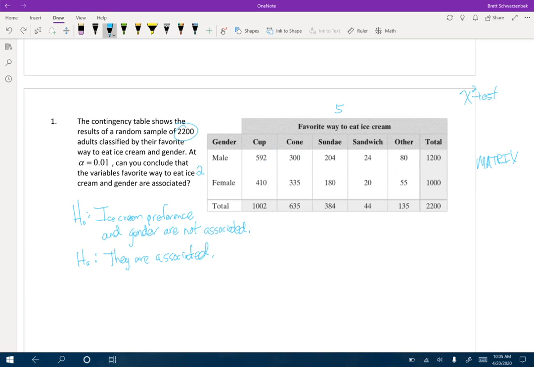Once you get that, then all you have to do is go to the chi-squared test and have A and B again. It'll just overwrite what's there as your observed and expected, and basically put in the numbers that you have. So what do you end up getting when you do that? From the calculator, you will see that we have, so I'm going to write, from chi-square test on TI-83 or 84.